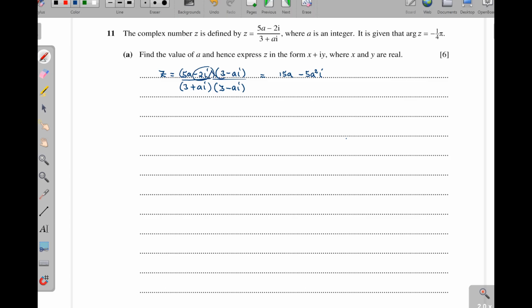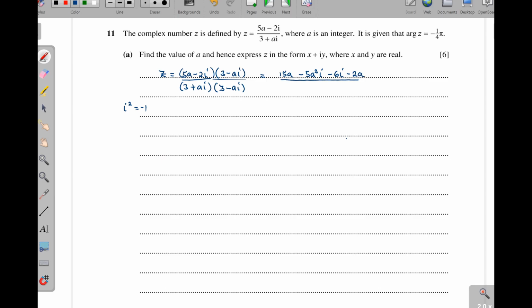Then negative 2i times 3, I think that will be minus 6i, not so? But we should know that in complex numbers, i squared is always equal to negative 1. Now, minus 2i times ai, that one will give us positive 2a i squared. But i squared is negative 1, so we shall have negative 2a.